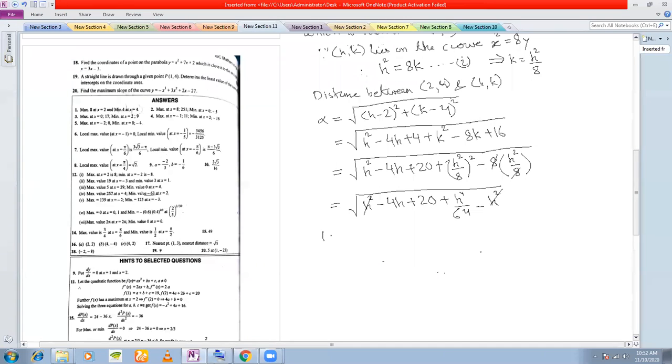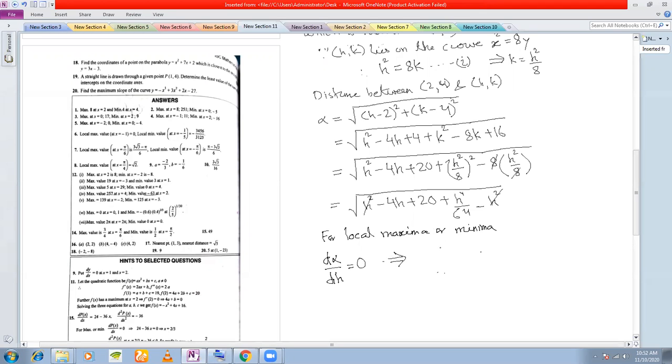So therefore, for local maxima or minima, d alpha by dh must be equal to 0.